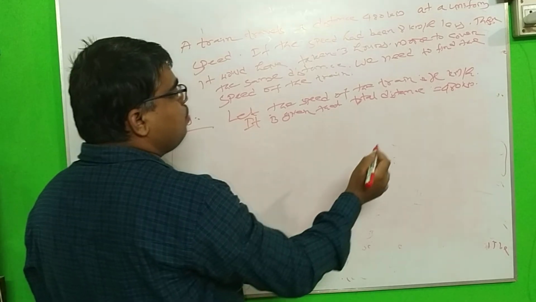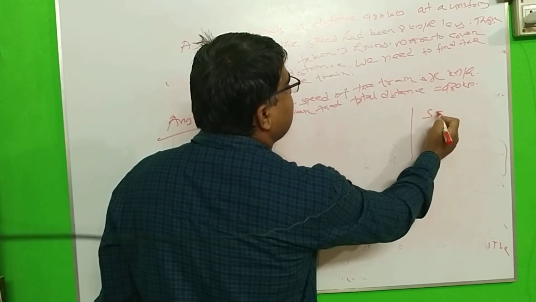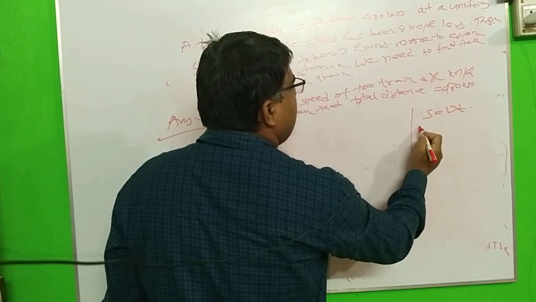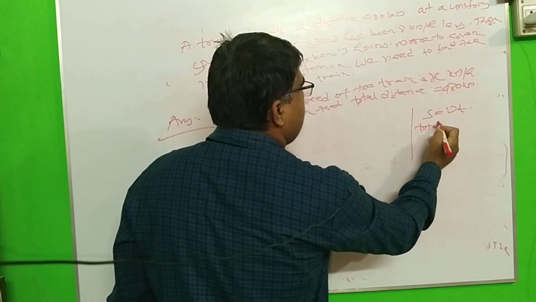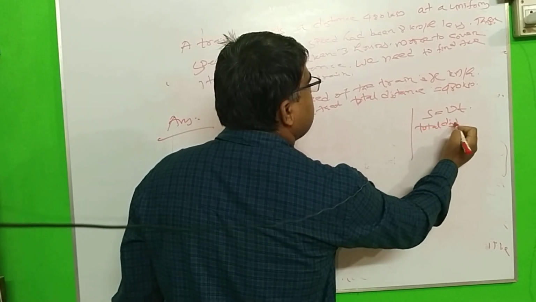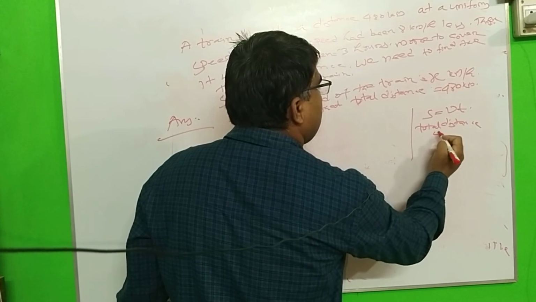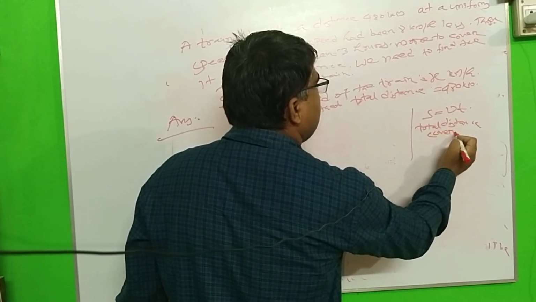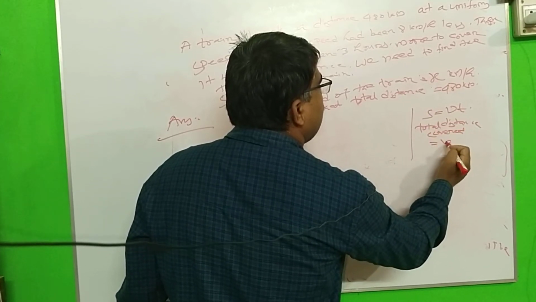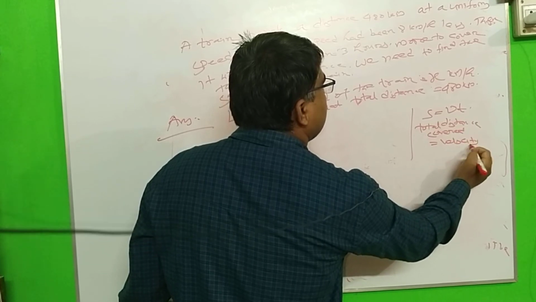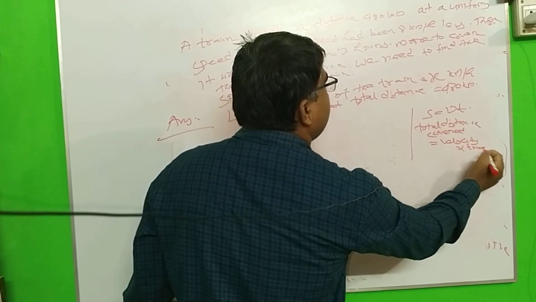We know the formula S equal to Vt: total distance covered equals velocity into time.